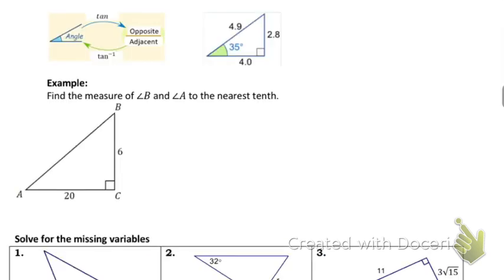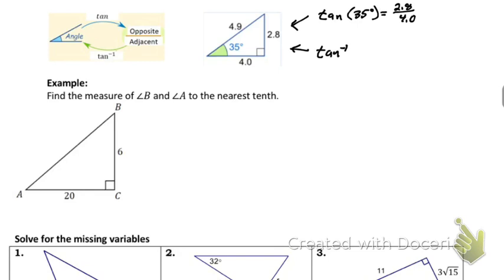So if we look right here, an angle plugged into tangent gets you opposite over adjacent. When you take that opposite over adjacent and plug it into tan inverse, you get the angle back out. As a quick example, the tangent of 35 degrees equals 2.8 over 4.0.